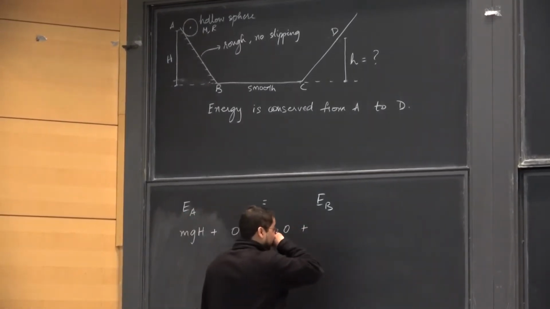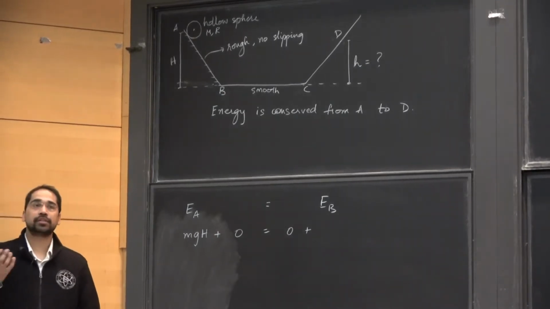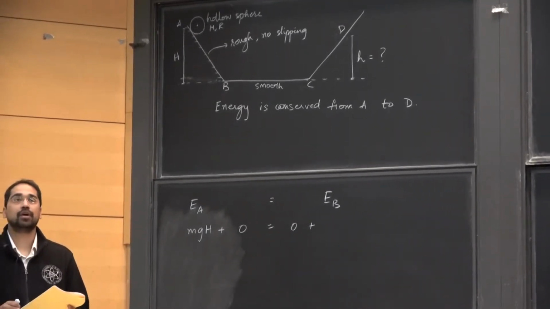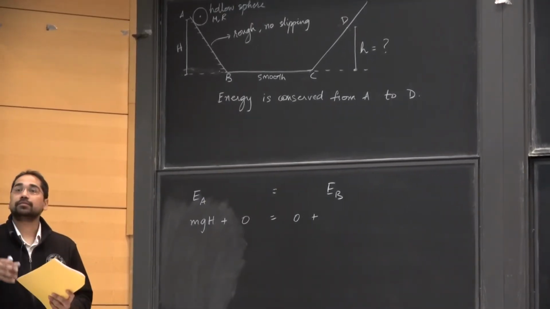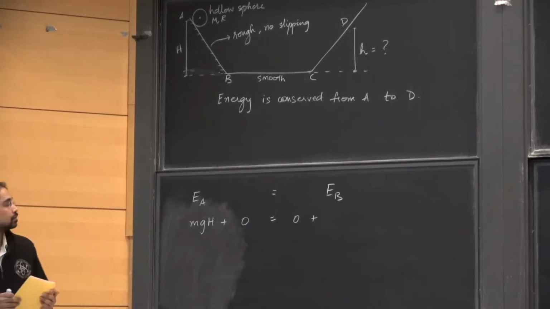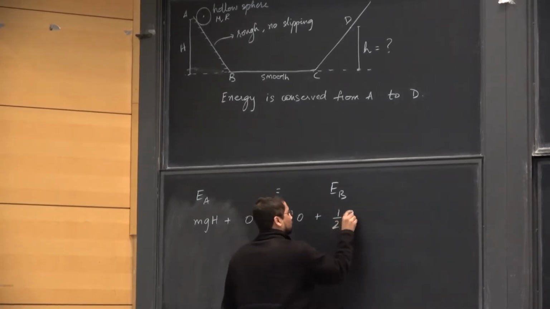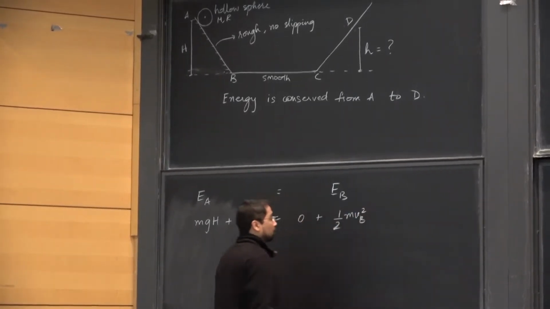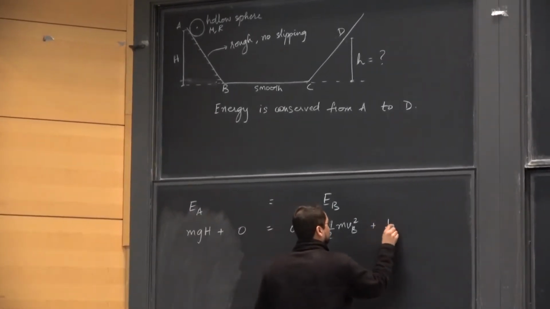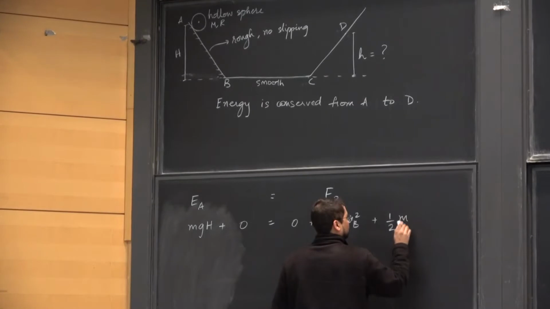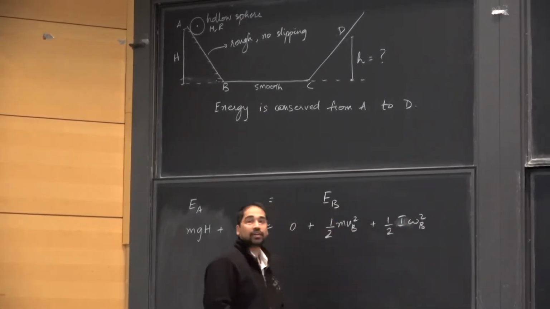Now the question of kinetic energy, the ball is doing two kinds of motion. One is its center of mass is moving down the slope, and the other is it's spinning, right? Both have to be accounted for. So there's a center of mass kinetic energy, and then there's a rotational kinetic energy.